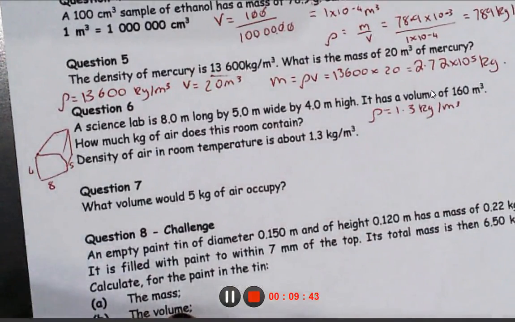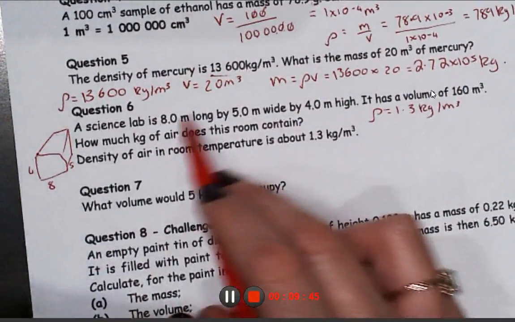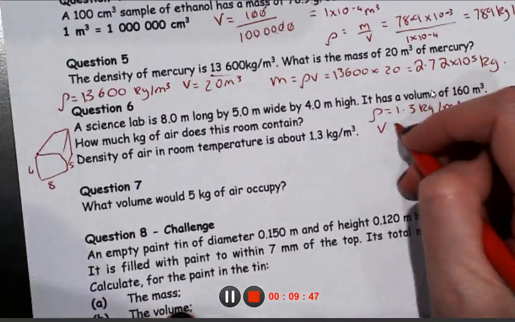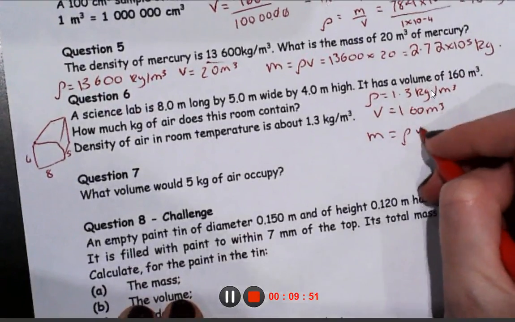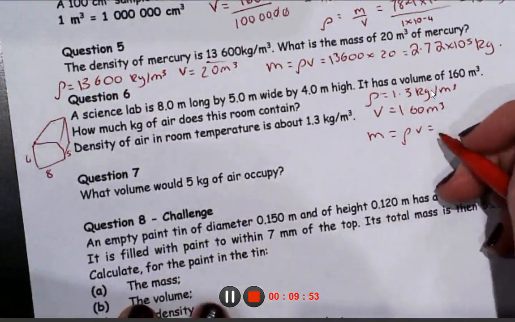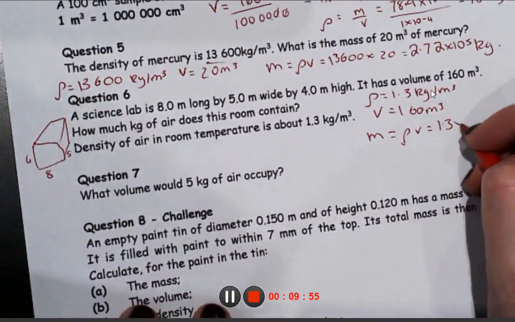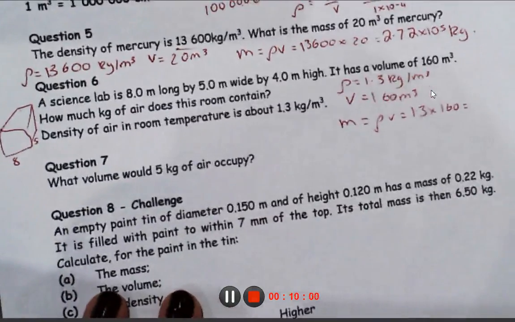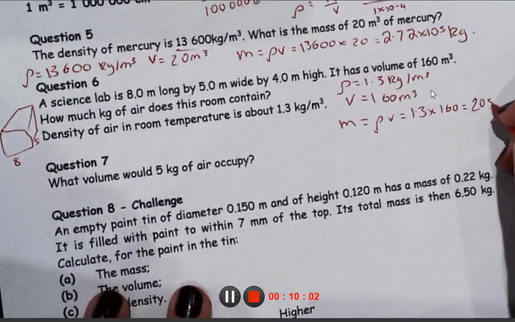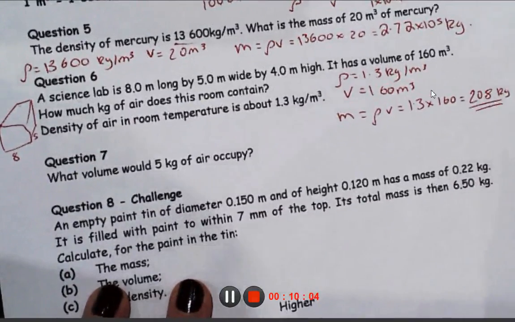It tells us the volume too, I don't know why they've told us this, probably to confuse you. Volume is 160 metres cubed. So mass is density times volume, so you just do 1.3 times 160, which gives you an answer of 208 kilograms.